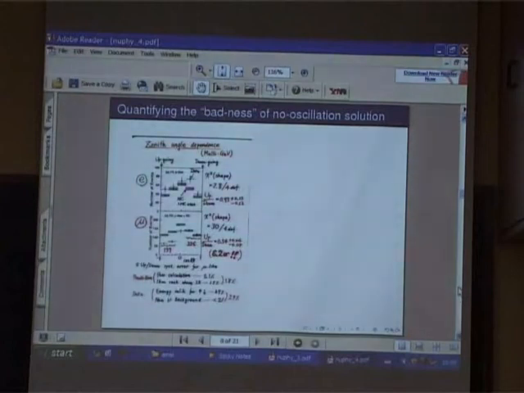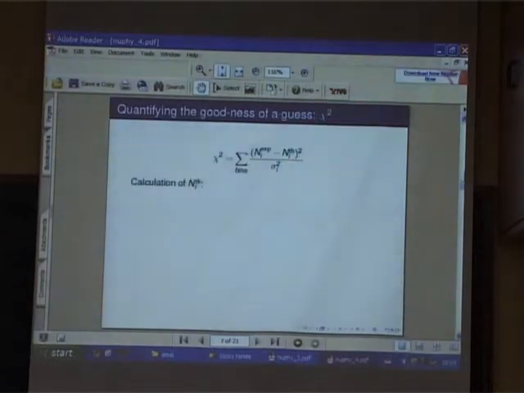Now what we will do is try to find the value of chi-square. People know about chi-square per degree of freedom, so let me just say it. This is the way we calculate chi-square.